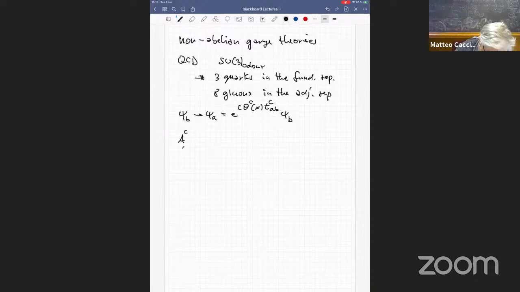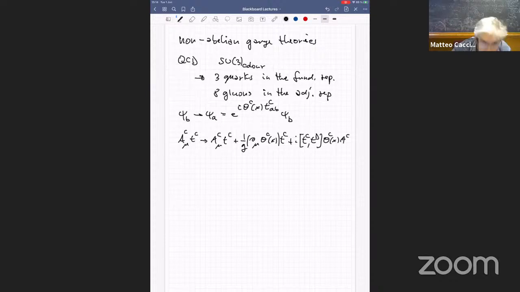And then you have gauge fields. Again, these are the analog of the electromagnetic field, except that there is an additional index C related to the color. And this transforms in the following way: A^C_mu t^C plus 1 over g d_mu theta^C(x) t^C again, plus i, a commutator, and this is the key point, theta^C(x) A^C_mu.